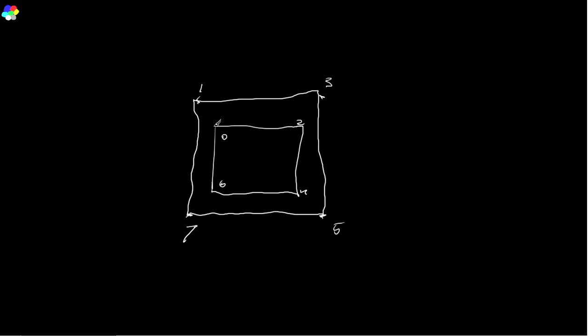We'll start with 0, 3, 2, and that'll draw this triangle. The next one will go 3, 2, 5, which draws this triangle.